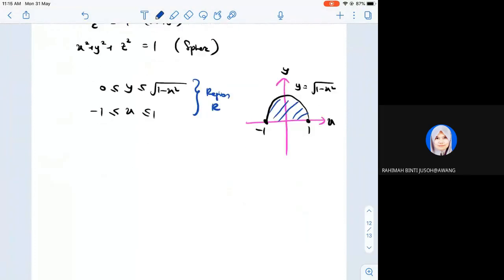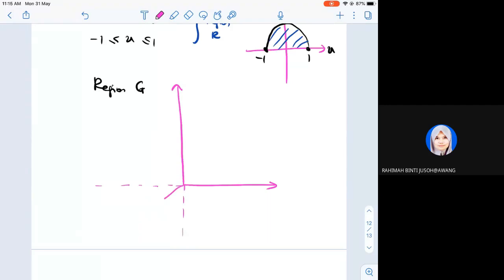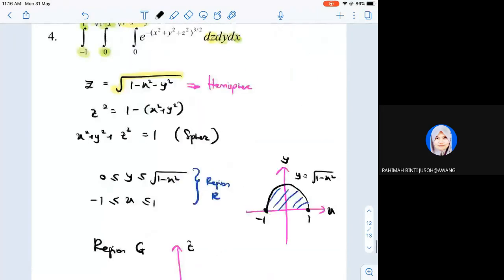So what should we have here is region G. Okay, we have X, Y, and Z. So dia bentuk apa guys sebenarnya?